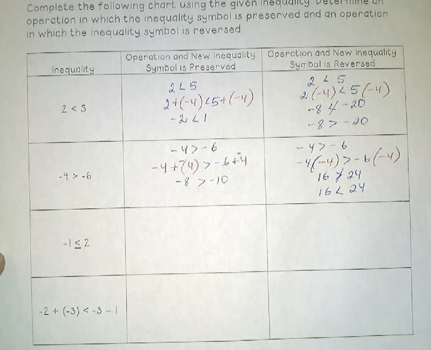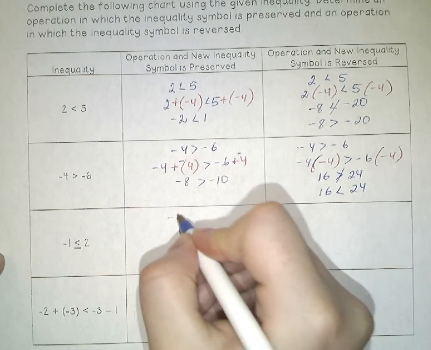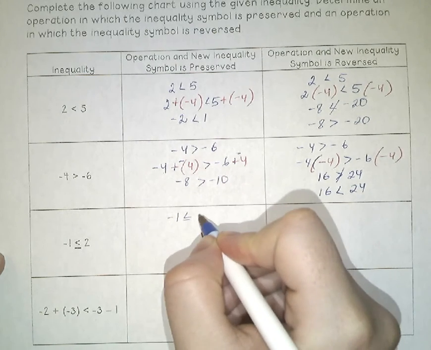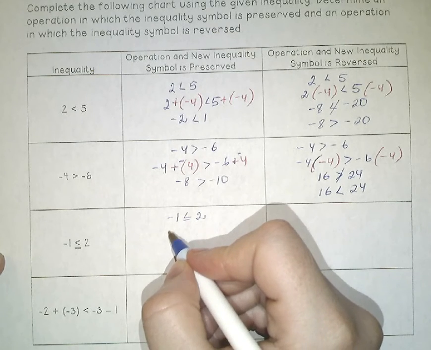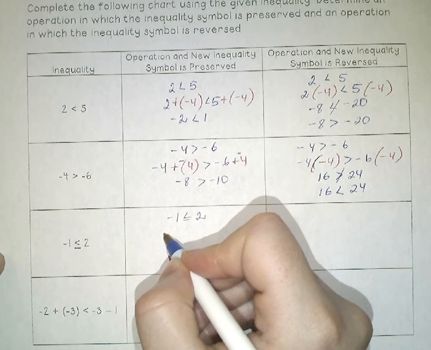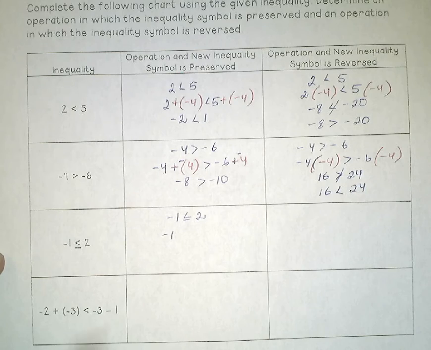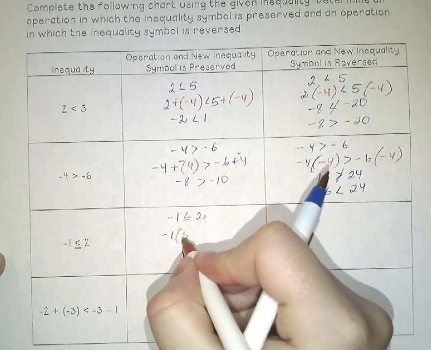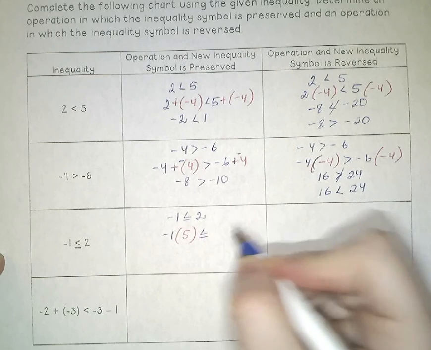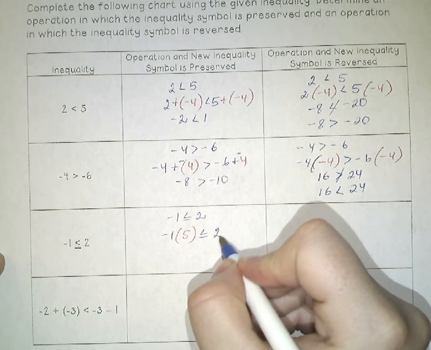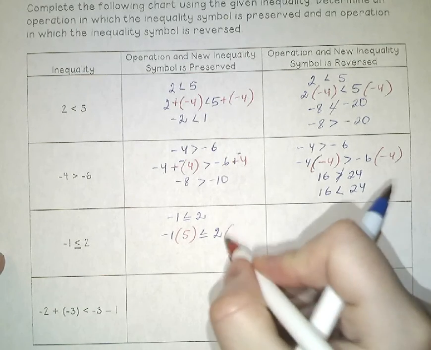Okay? Negative 1 is less than or equal to 2. Let's multiply by a positive. Negative 1, let's take 5. Negative 1 times 5 is less than or equal to 2 times 5.